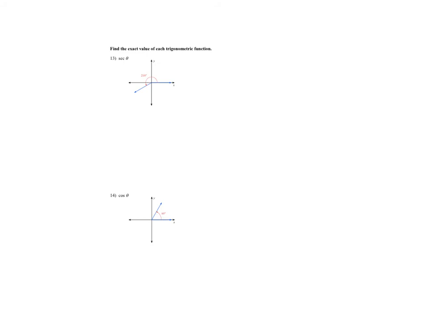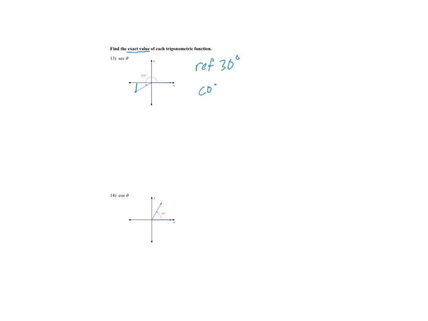So remember the hint: when it says exact value, we're probably going to be using a reference angle. The reference angle here, from the terminal side to the closest x-axis, is 30 degrees. We don't really memorize them for secant, but secant is the reciprocal of the cosine.